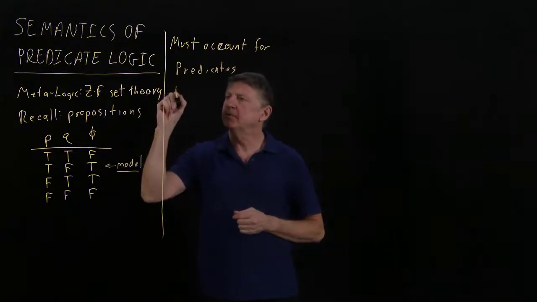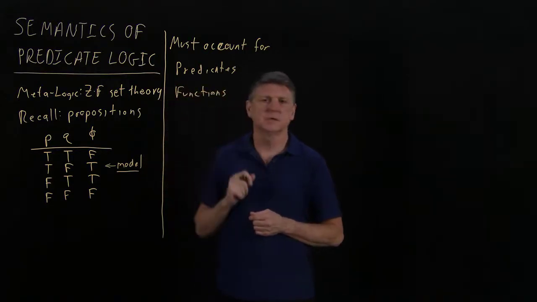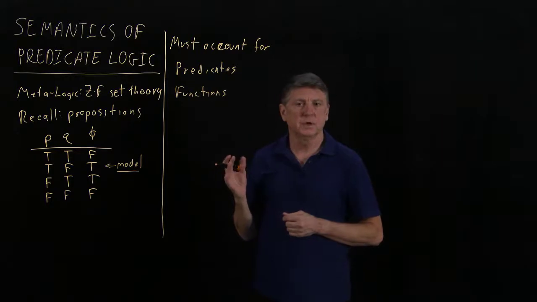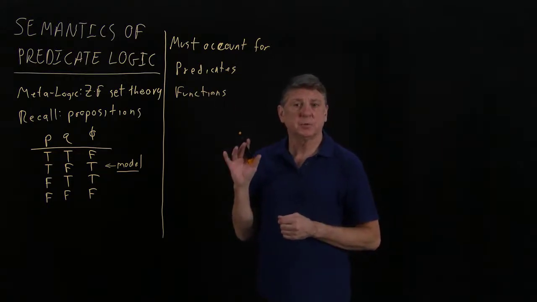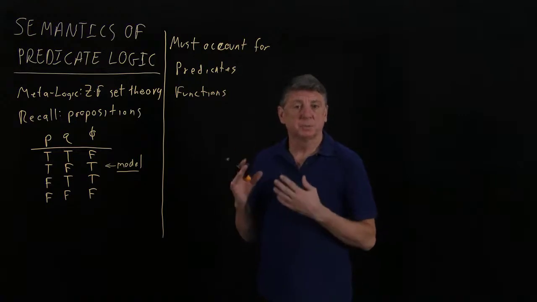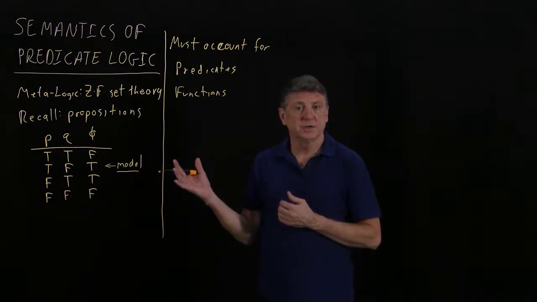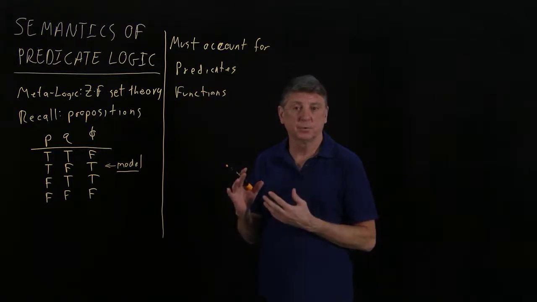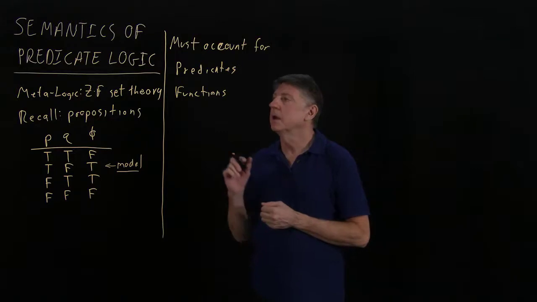We also have to account for functions. And we didn't use functions much in the proofs. In semantics, we'll care about functions because semantics are where we start to explore how we can apply this predicate logic to analysis of computer programs. And functions are a key part of computer programs.